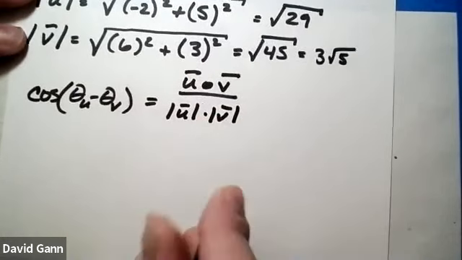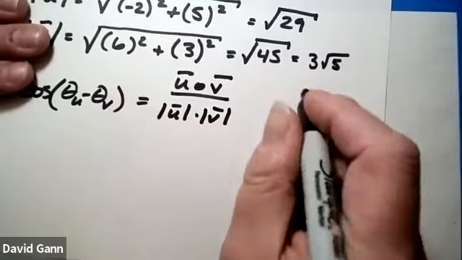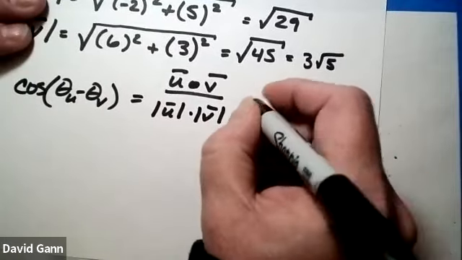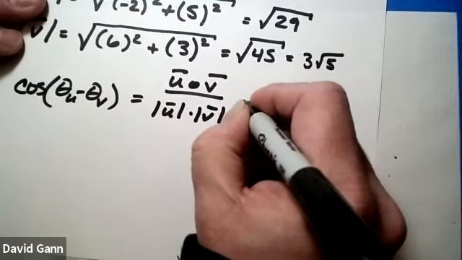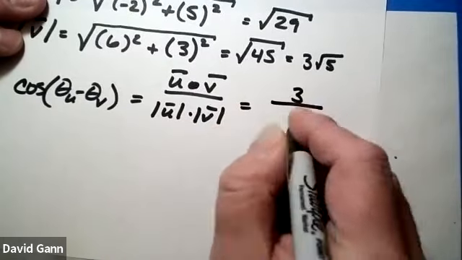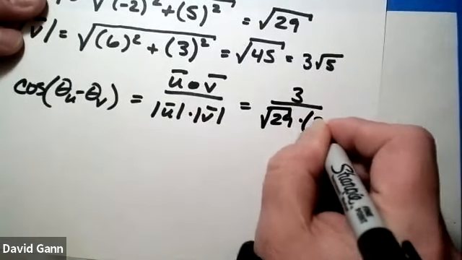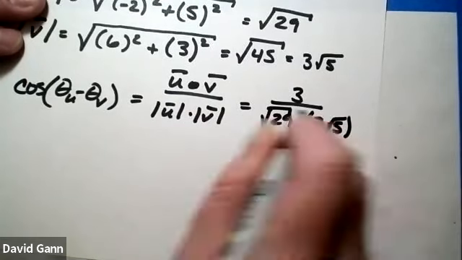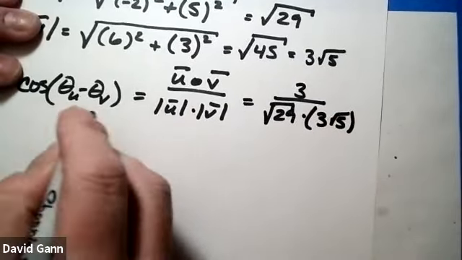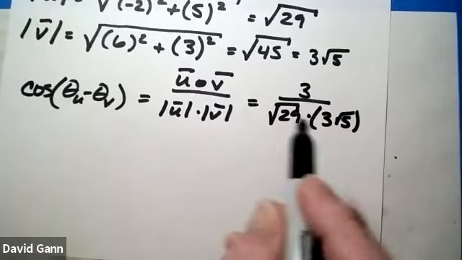And if we plug these all in, we get something a little bit ugly, but this is going to be equal to 3 over the square root of 29 times 3 square root of 5. I don't need to simplify this because all I'm going to do is take the inverse cosine.